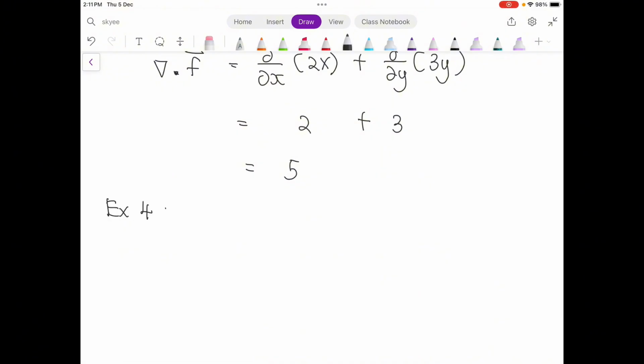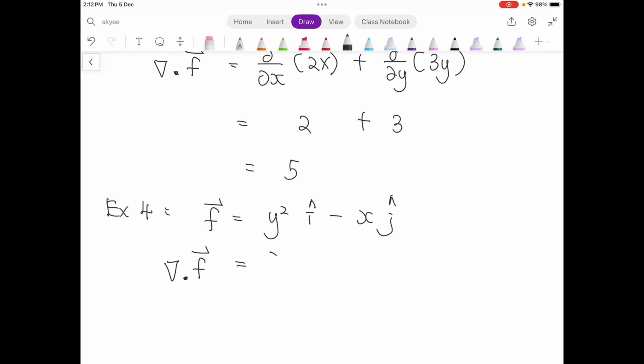Example 4. Let's say we have F equal to y² i minus x j. Now we have to find the divergence of the vector field.